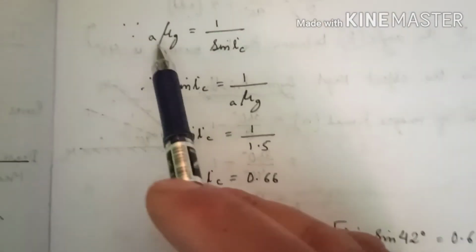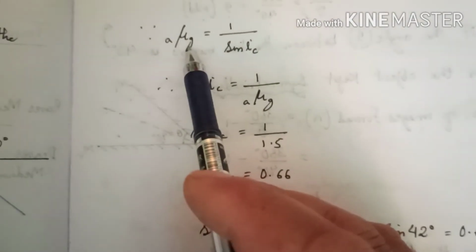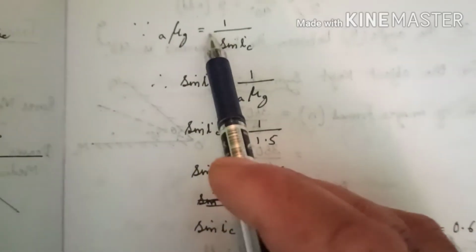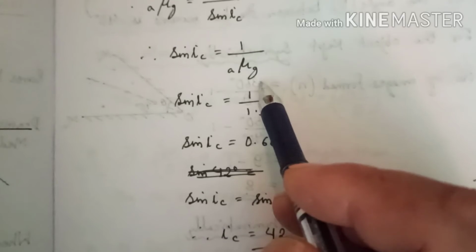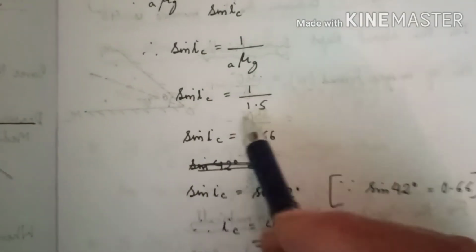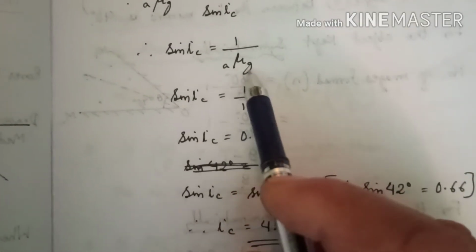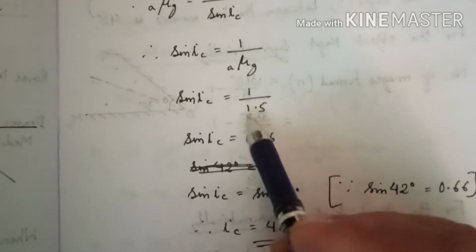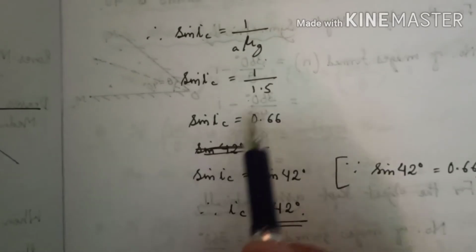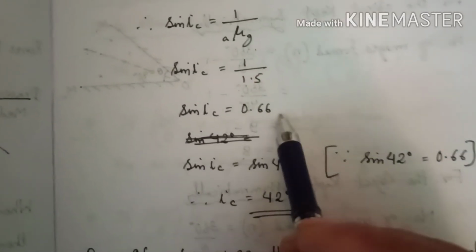Since A mu G, the refractive index of glass with respect to air, can be written as 1 by sine IC, if you cross multiply, sine IC is 1 by 1.5, because the refractive index of glass with respect to air is given as 1.5. So sine IC is 1 by 1.5, which is 0.66.